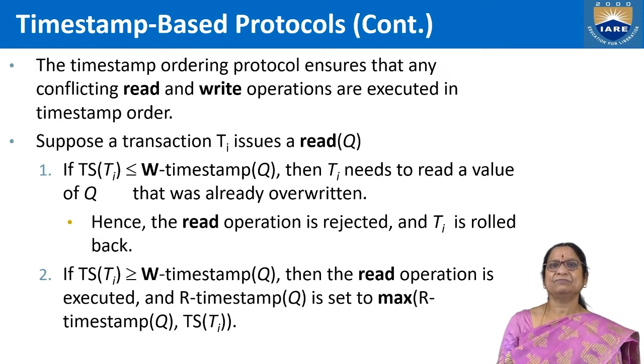And the second case: if the timestamp of TI is greater than the write timestamp of Q, then the read operation is executed. Because the current timestamp is more than the write timestamp, this is automatically a newer transaction, and Q was updated by earlier transactions. The read operation is executed and the read timestamp of Q is updated. While updating, it takes the maximum of the read timestamp and TS of TI, whichever is maximum.